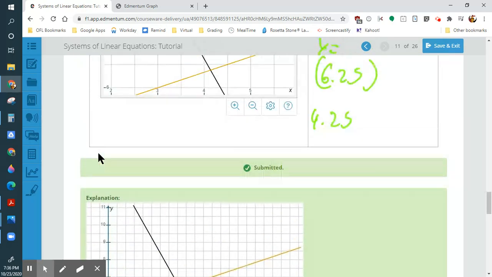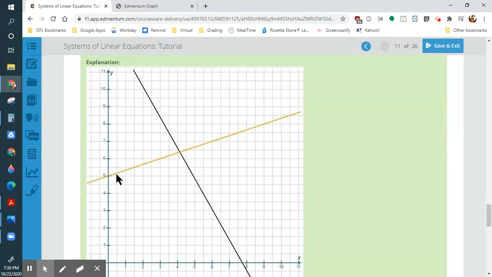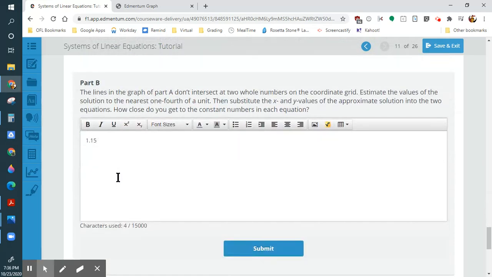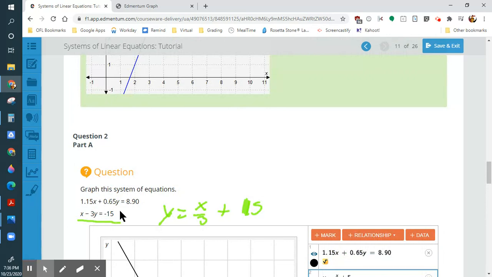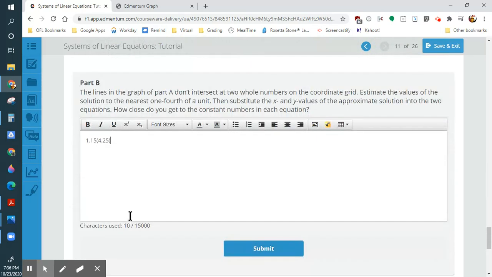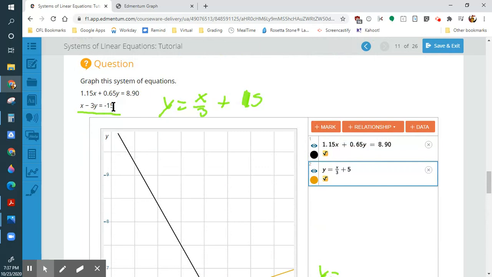So it's going to be 1.15. We're going to plug in our x, and our x is, I said, 4.25. Close the parenthesis. I'll use a calculator to solve this for you guys. Don't worry if it looks bad. And then I'm going to do this plus 0.65, and it's going to be parentheses y.